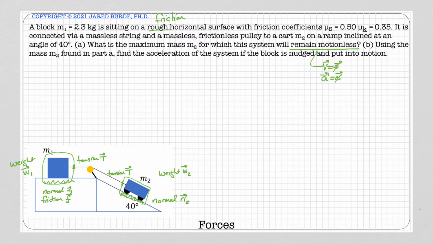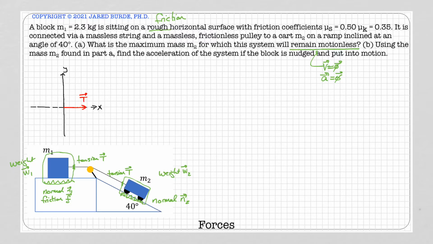Now that I've identified all the forces, I'm going to put these in a free body diagram. I'll start with block 1. Block 1 should be moving across a horizontal surface, so I'm going to draw my free body diagram with horizontal and vertical axes. For block 1, I have a tension. That tension pulls in the direction of the rope.